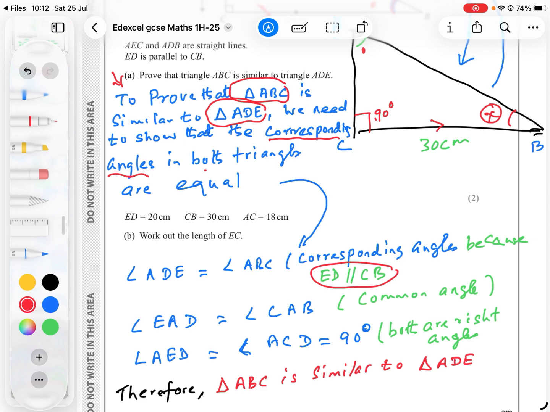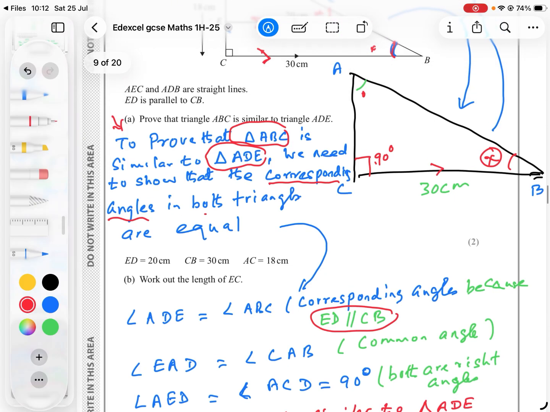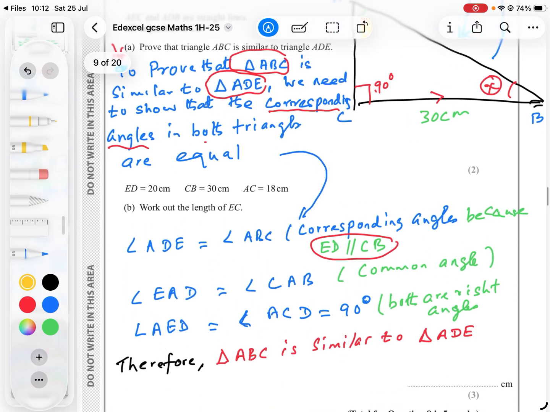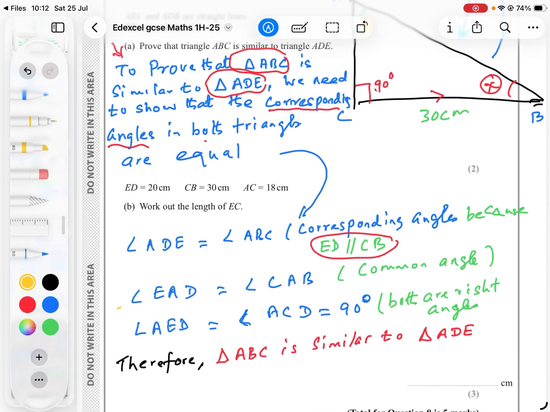Next one, angle EAD, that means this one, or you can say this triangle, this one in a different color, yellow, and this one are equal, because both are the same, split. So angle AED equals angle CAB. The reason, you need to put the reason, common angle.